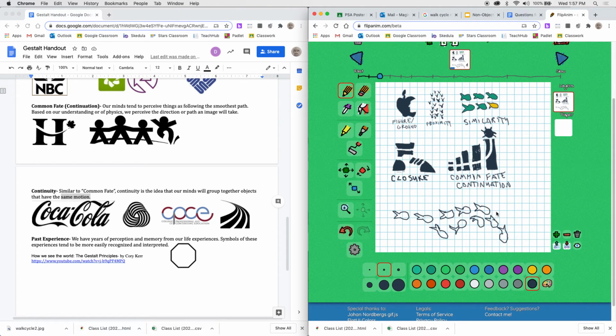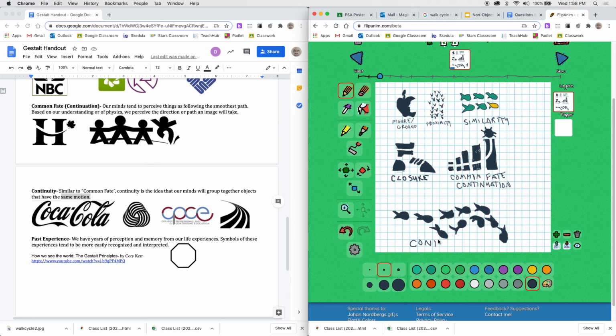Proximity: we group these all together as one thing because they're so close together. Similarity: we read them all as one thing because they're all a similar shape. So all of these Gestalt principles can work off of each other and are very similar to each other: figure ground, proximity, similarity, closure, common fate, continuation, and continuity.